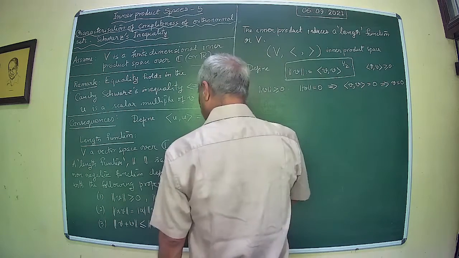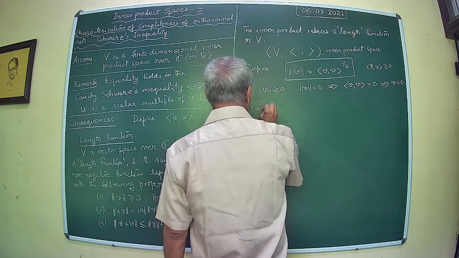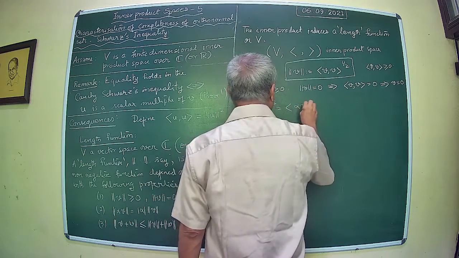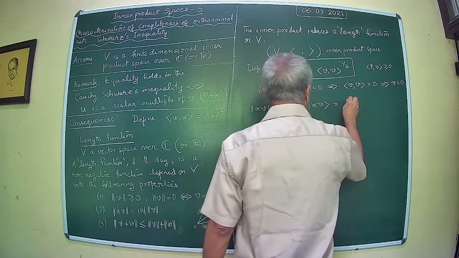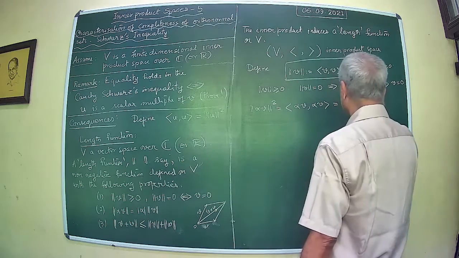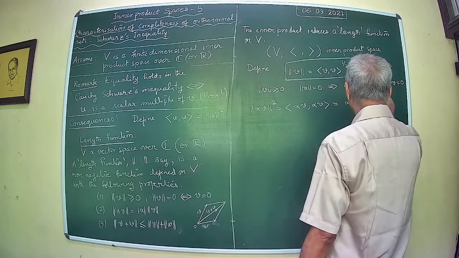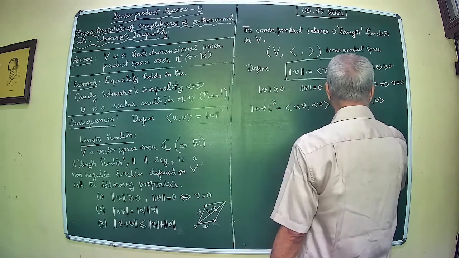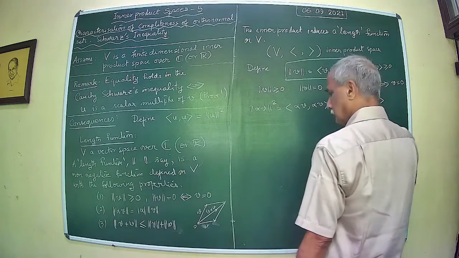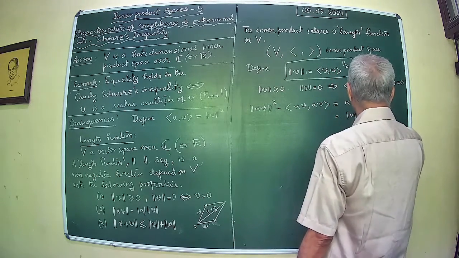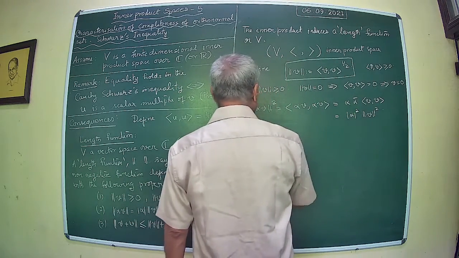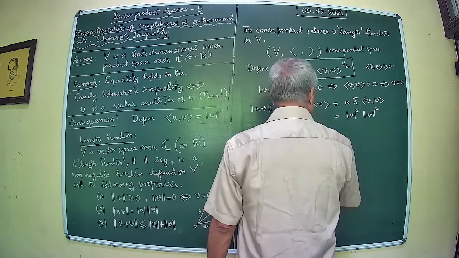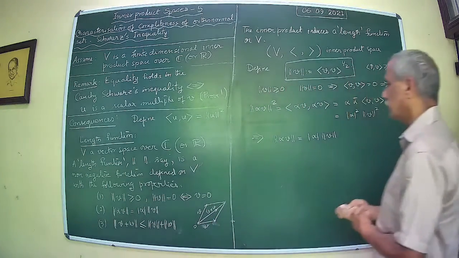Now look at this. By definition, this is equal to the square, which implies the second property is verified.